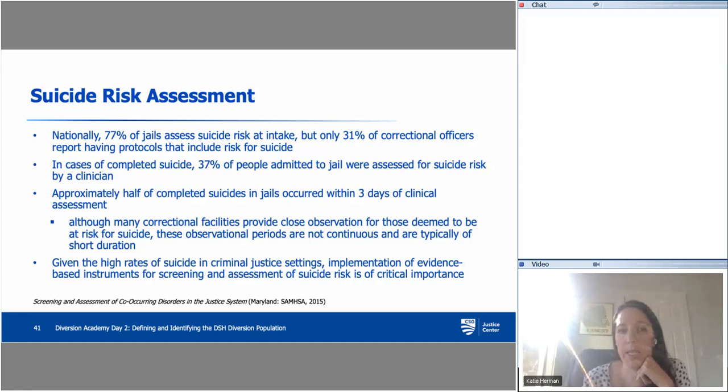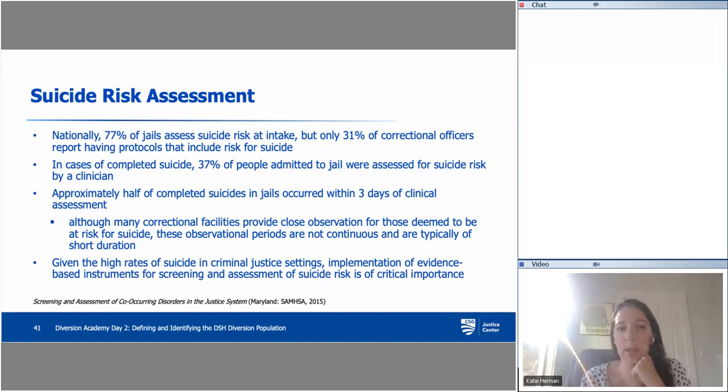And while many facilities provide close observation of people deemed to be at risk for suicide, it's sometimes not continuous, and there's not a lot of follow-up. So again, given the high rates of suicide in criminal justice settings, implementation of an evidence-based instrument for screening and assessment of suicide risk is critically important.